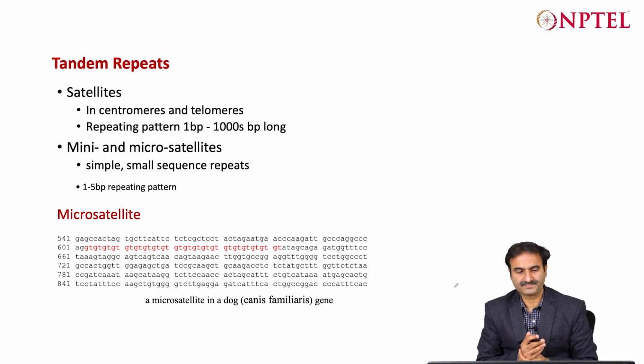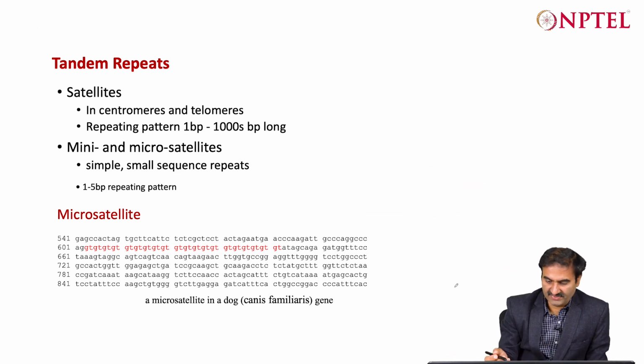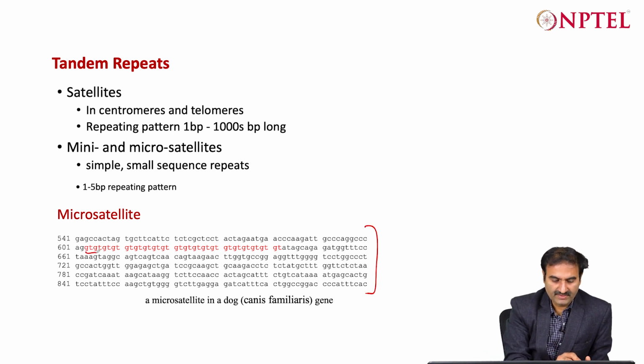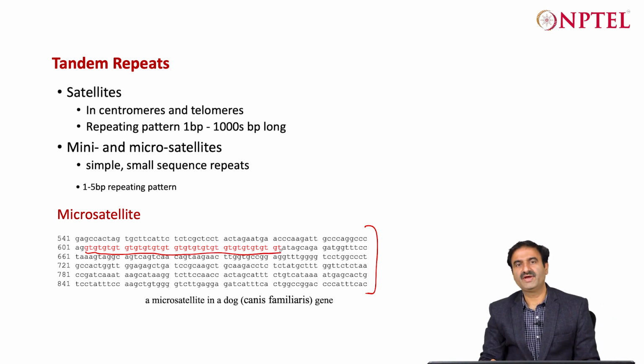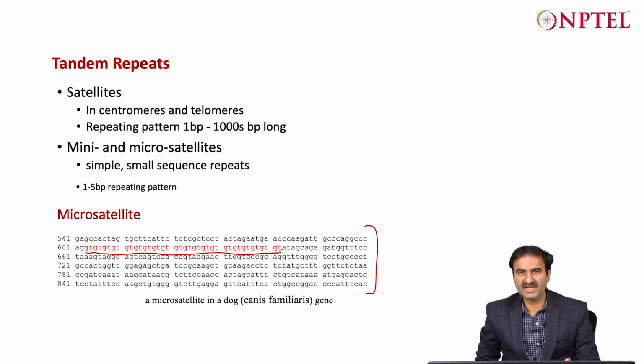This is one sequence, and you can see that there is a stretch of repeating TG or GT units. You can read it as GT or TG. These are short sequence repeats or simple sequence repeats, but they never exceed more than 30 to 40 units.